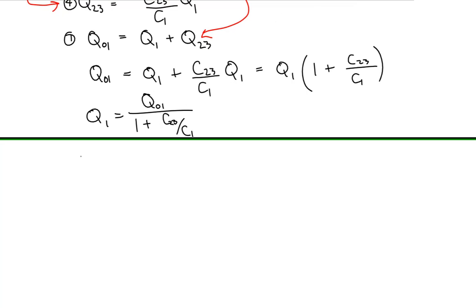So when I do this, we said earlier that the initial charge on capacitor 1 was equal to the initial potential difference on capacitor 1 times its capacitance.